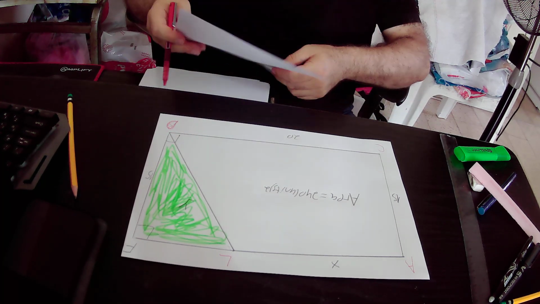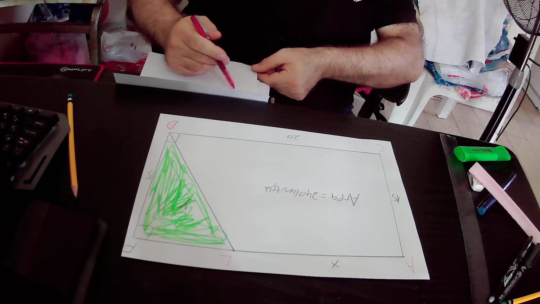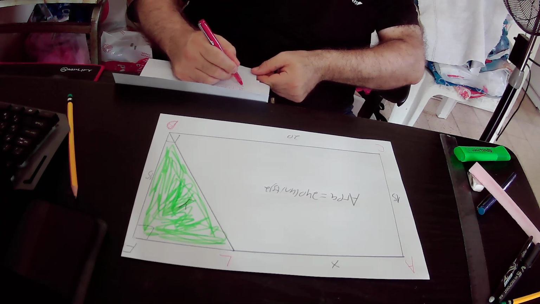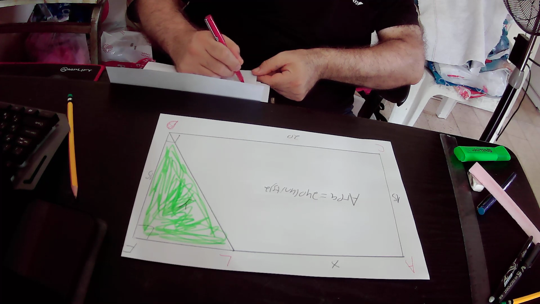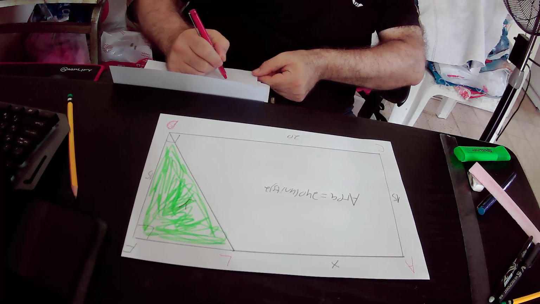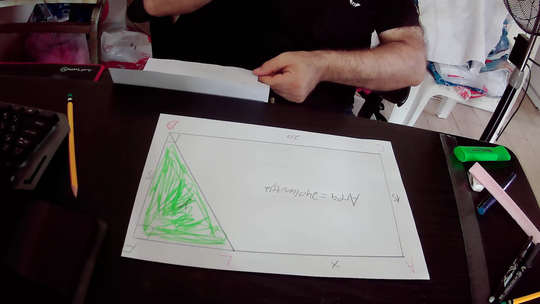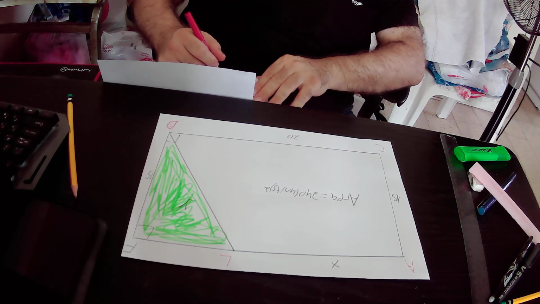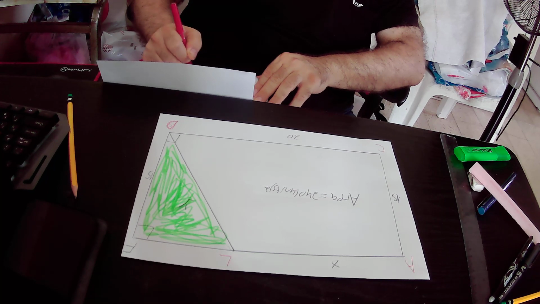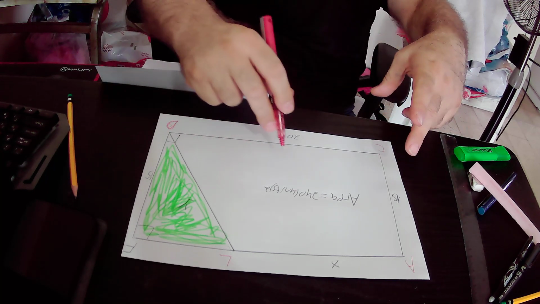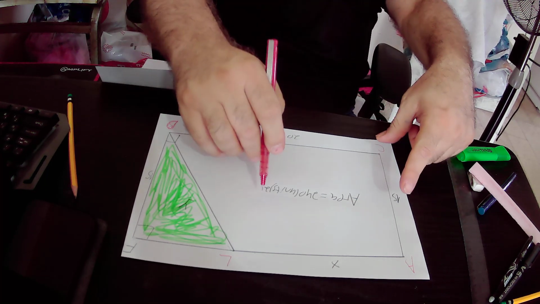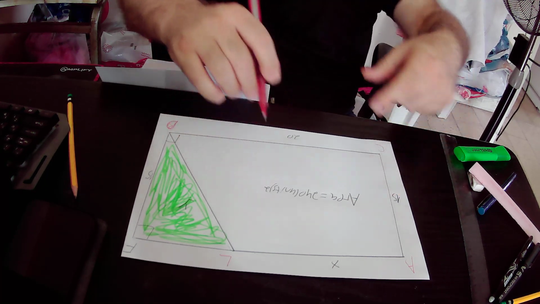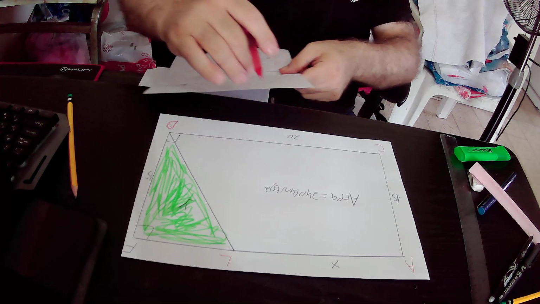So we know that the area of the rectangle equals 300 units squared, and the area of this shape is given to us, and it equals 240 units squared.